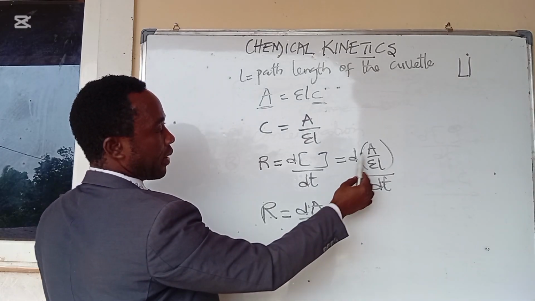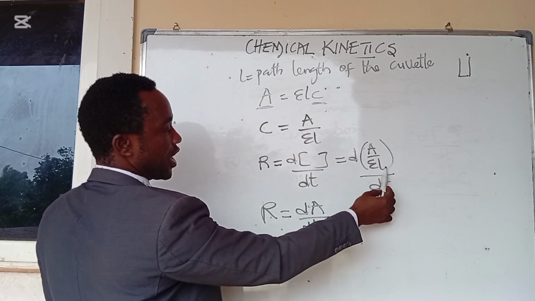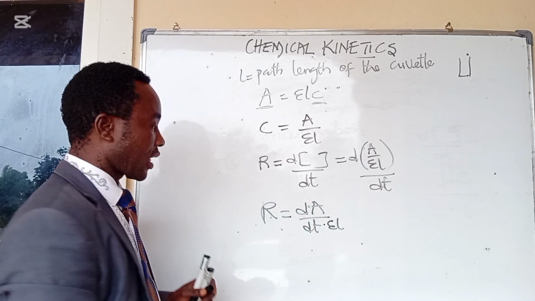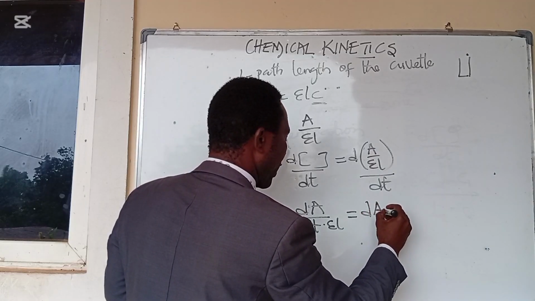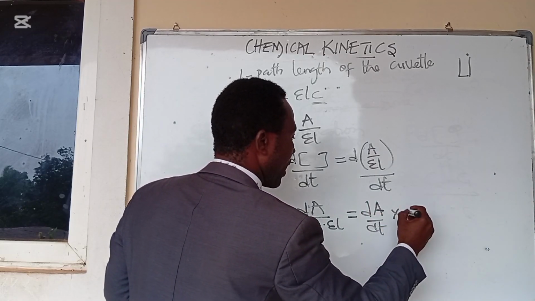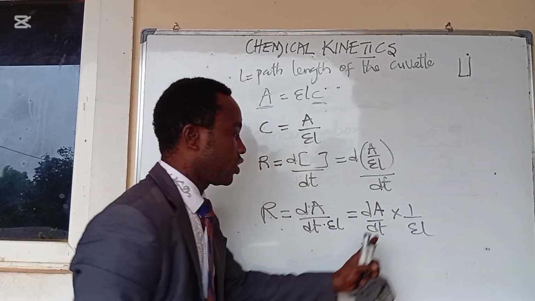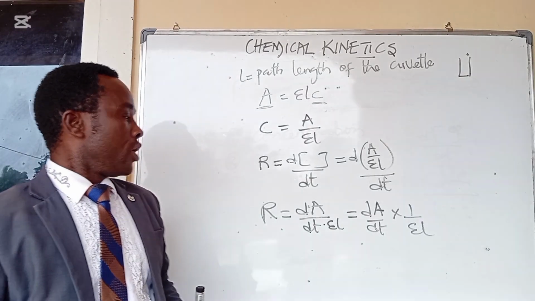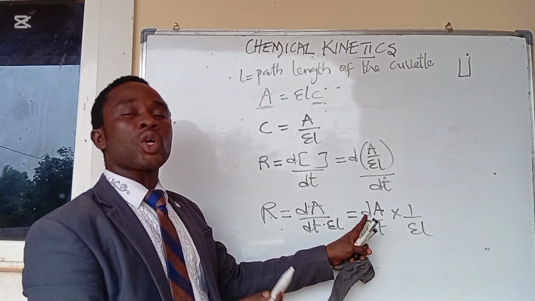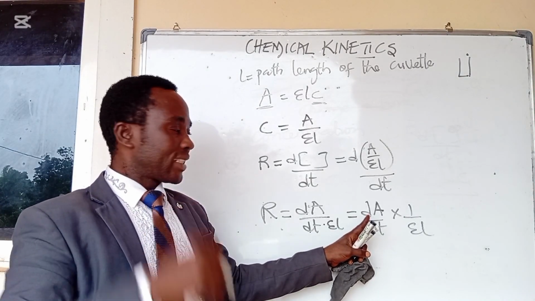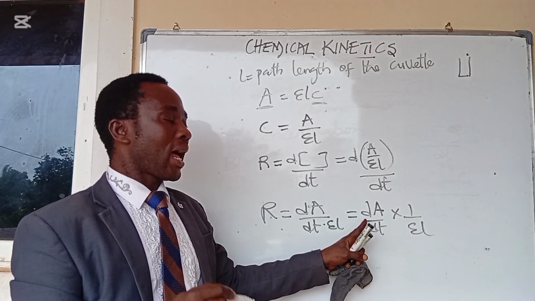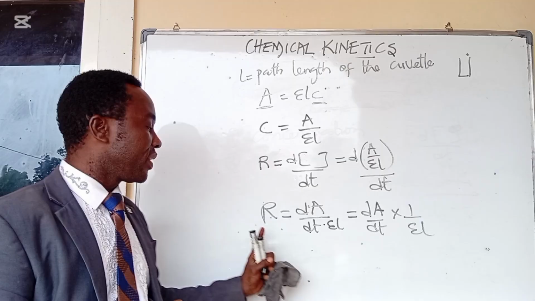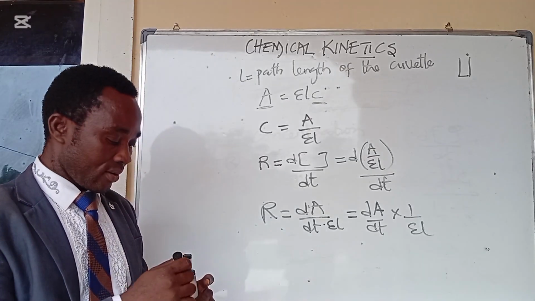Remember, absorbance changes, but EL is a constant. Now, you can see that if I measure absorbance of a solution at different time intervals, I can actually use it to determine the rate of a reaction.